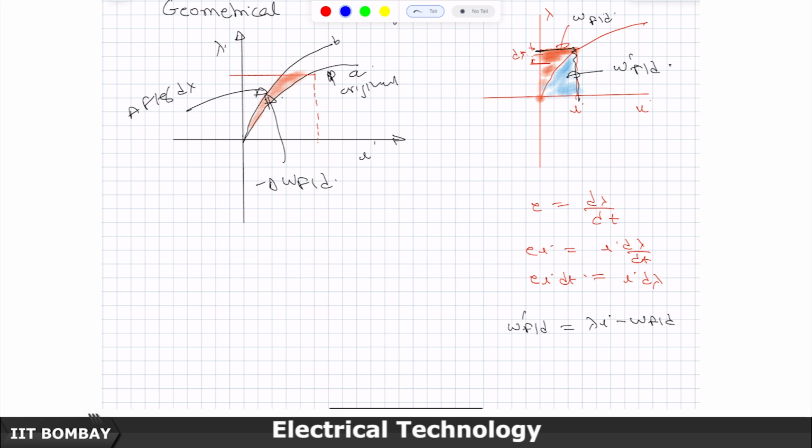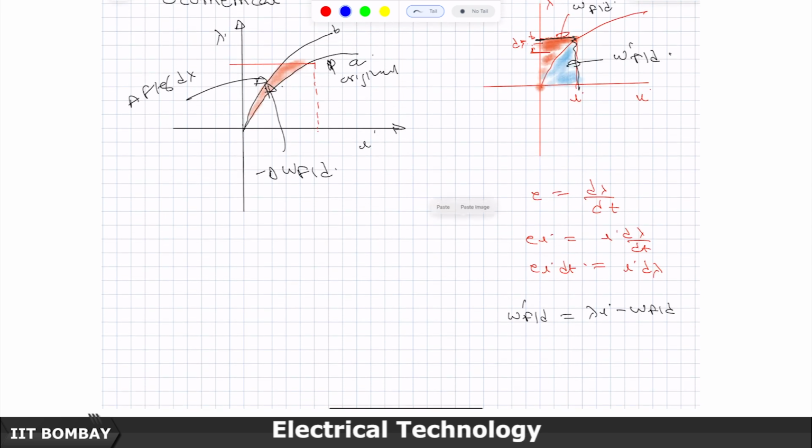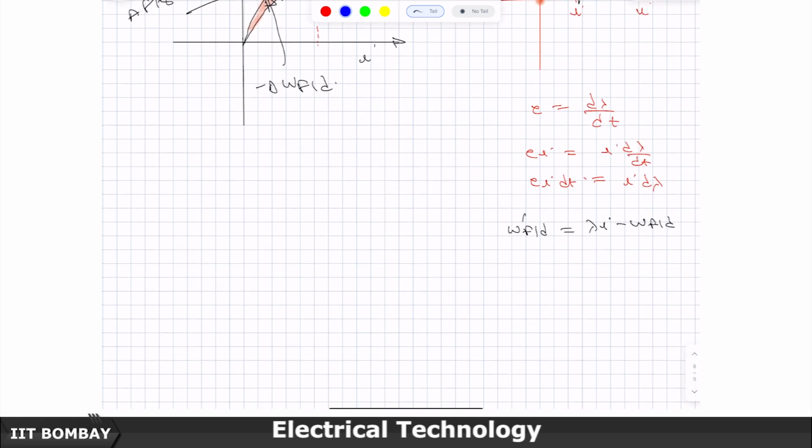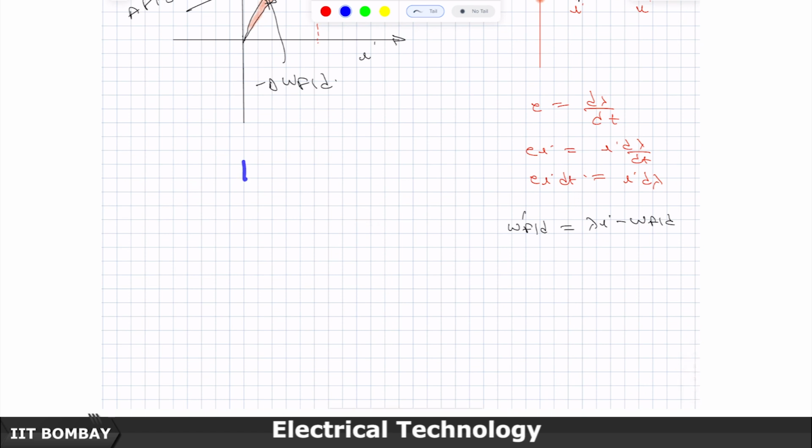Now, look at it from the co-energy perspective. So again, let me draw.